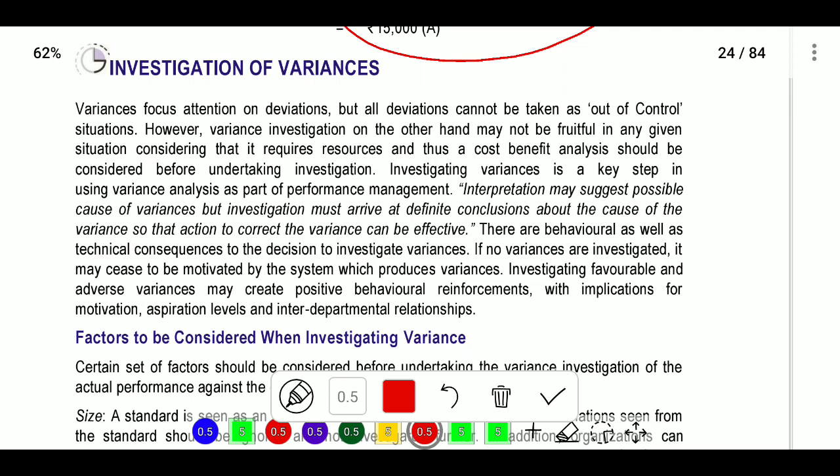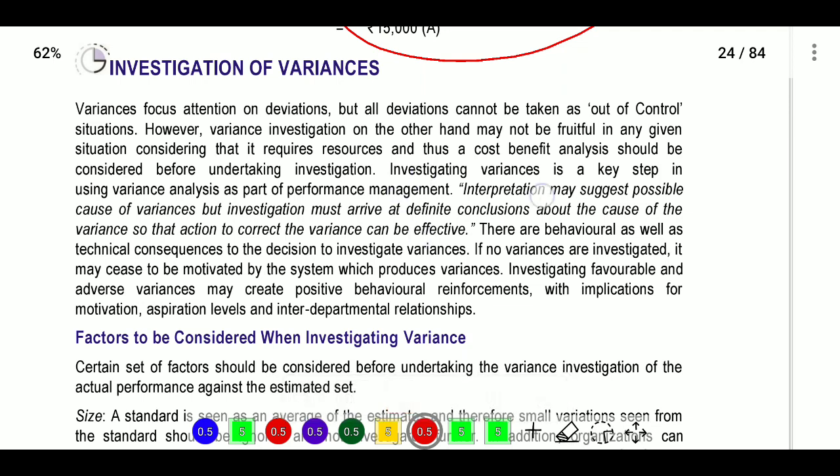They have many reasons for variance. But in case of investigation, we will come to a definite conclusion on why there is a difference. It means you will tell the correct reason, such as heavy rain or COVID. If you investigate, we will get the definite reason.